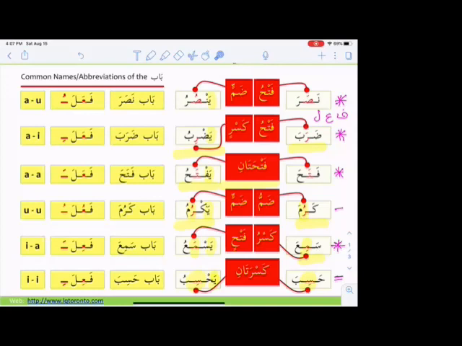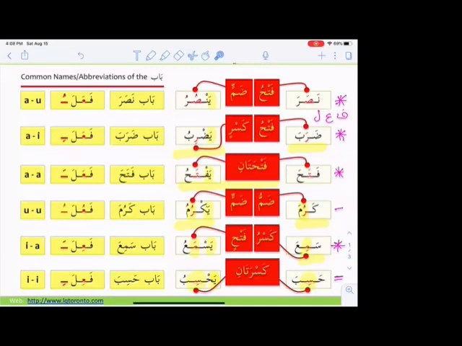Fatahu dammin, nasara yansuru. Fatahu kasrin, daraba yadribu. Fatahatani, fataha yaftahu.